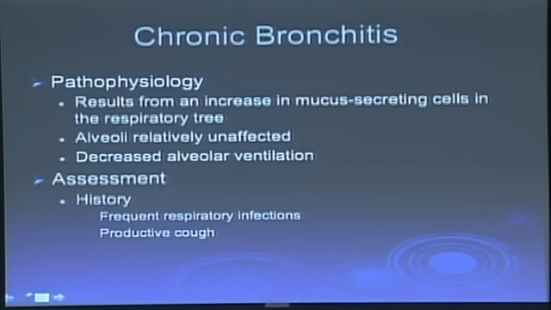These people are usually never totally free of bronchitis. They're always sputum producing when they're coughing. History then, frequent respiratory infections. They always get respiratory infections. They have a productive cough. It doesn't have to be purulent, but it's usually a colored mucus, usually greenish, yellowish.